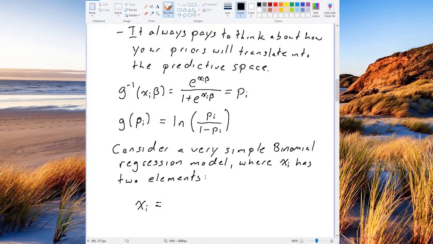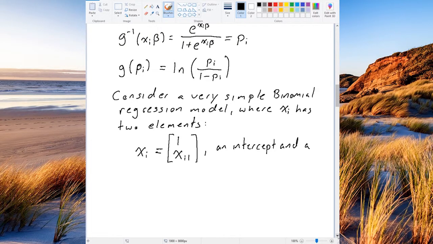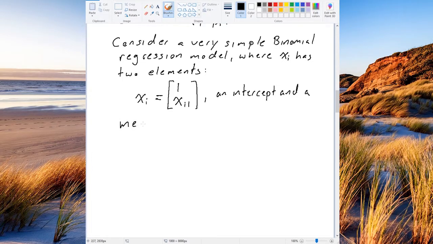Xi is equal to, and I'll write this as a column matrix, 1 and xi1. And this gives me an intercept and a measured covariate.